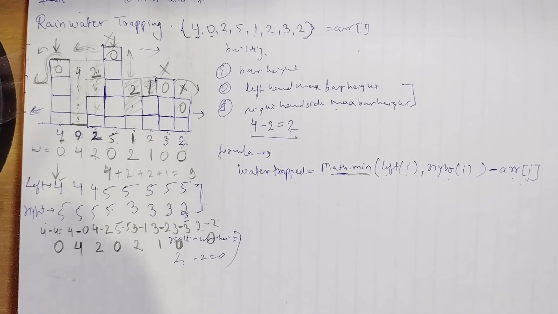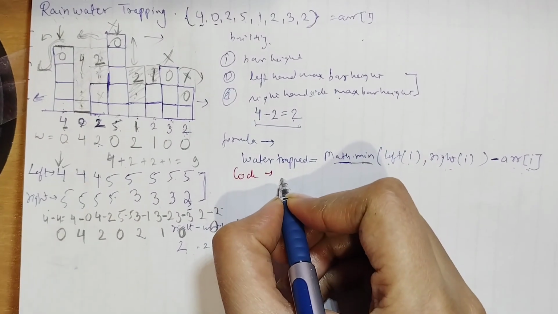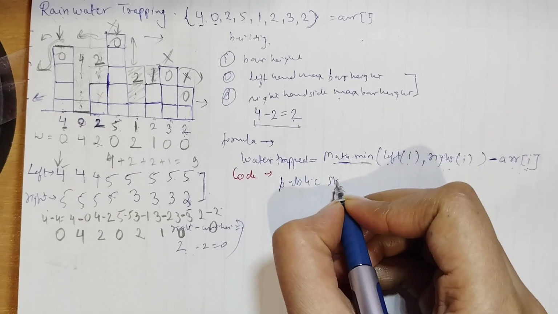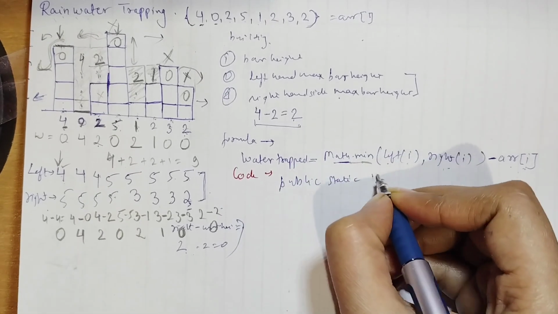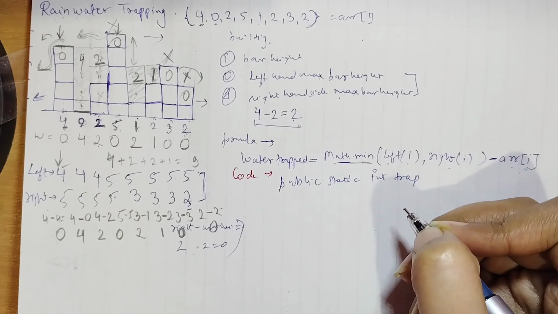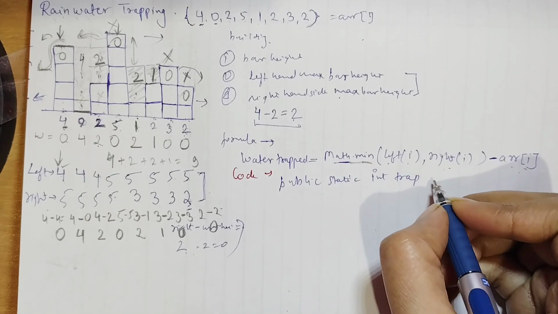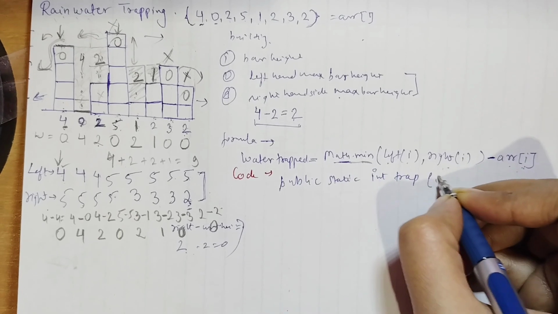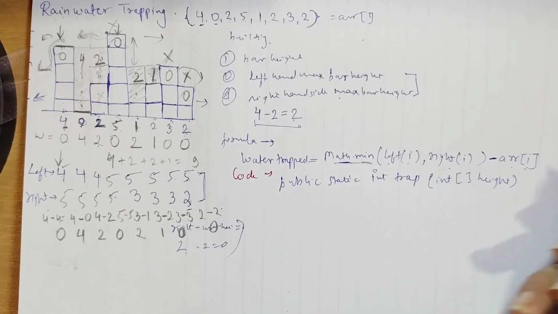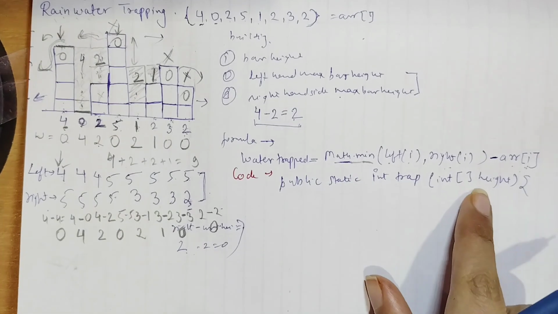and how to make code, that's why. Now for the code we have to make a function, that is public static int trap. Int means we are returning its value from here to the main function. Int height. We are passing this height.